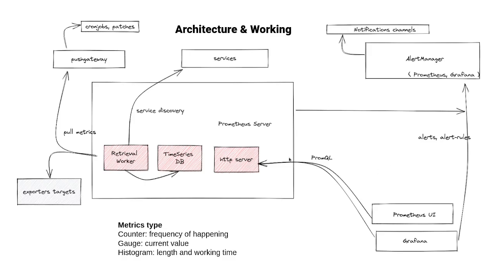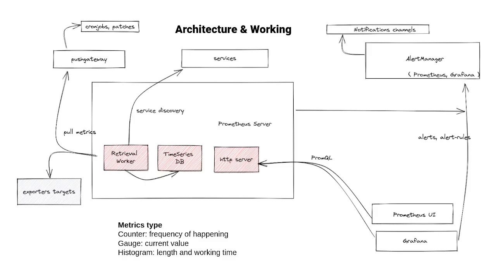But you may ask, what about services running for a short duration, like when you run a cron job or patches or batch jobs that run for a small period of time and then stop. For that, Prometheus uses the push gateway, which takes the data and pushes it to the retrieval workers for the time series database.